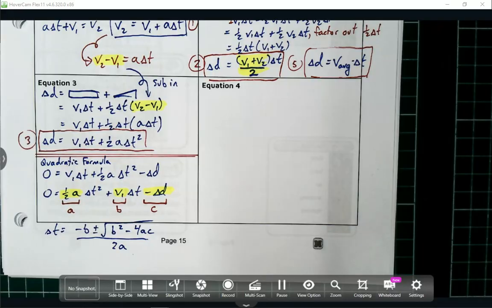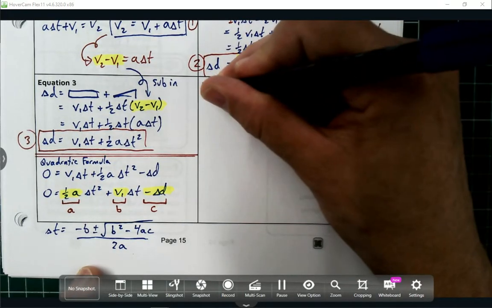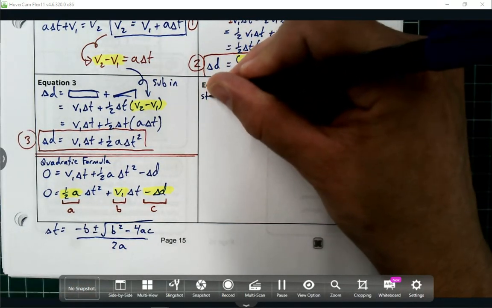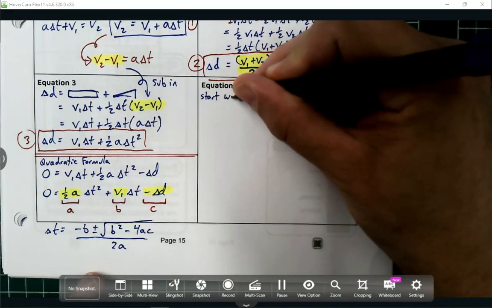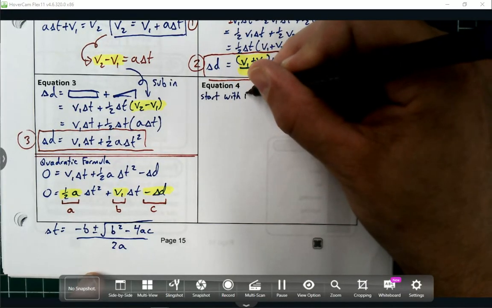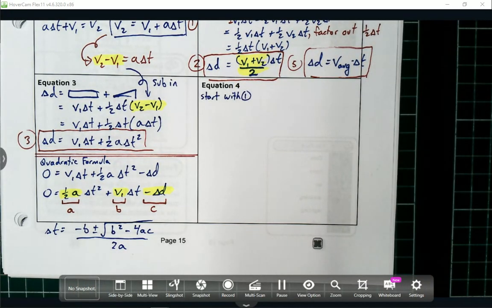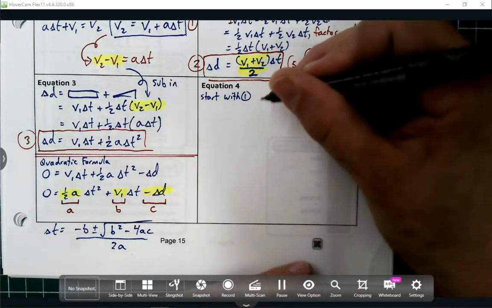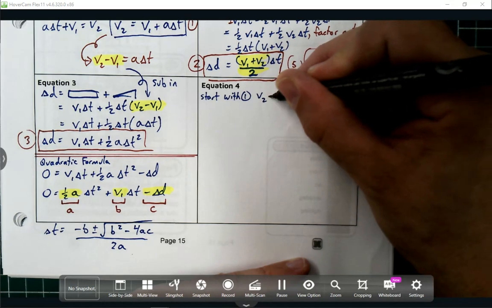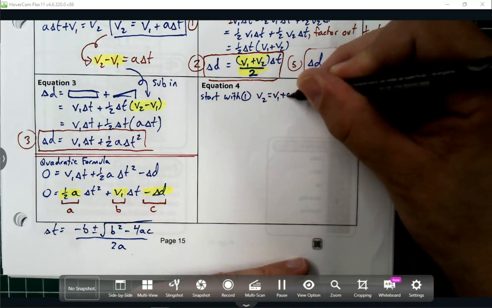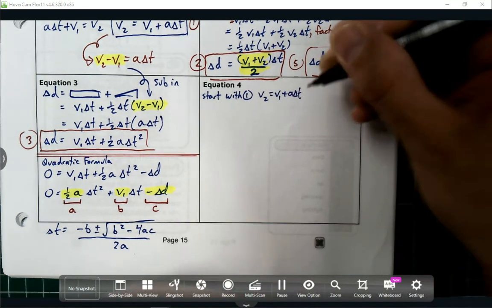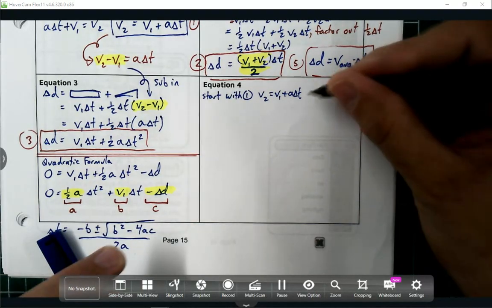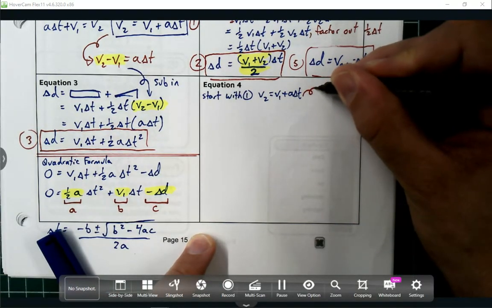Now equation 4. For equation 4, I want to start with equation 1. And what we said back in the day with equation 1 was that V2 equals V1 plus a times delta t. I want to do a little bit of math gymnastics. I don't want to show all my steps.